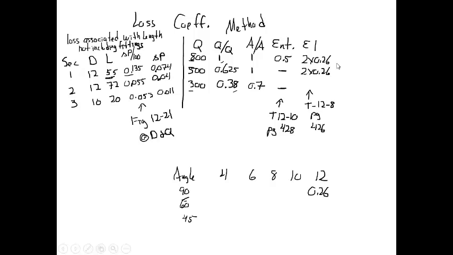Now, for section 3, it's 10 inches, and we have a 45-degree elbow. You should find that intersecting point here, which should be not 0.45, sorry, 0.17. So here you should have 0.17 as your coefficient. I'm going to go ahead and erase this right now.